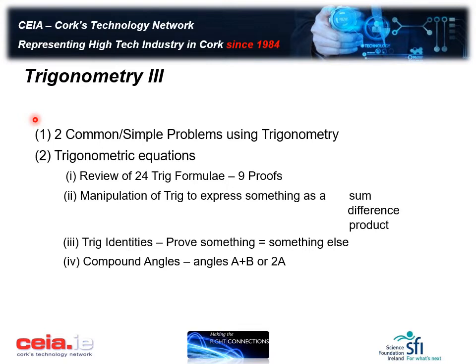There are compound angles and double angles, so equations relating to those. And then two more obscure subtopics. One is inverse trigonometric functions, and then finally trigonometric limits, which again I've really never seen come up, but it's worth covering.